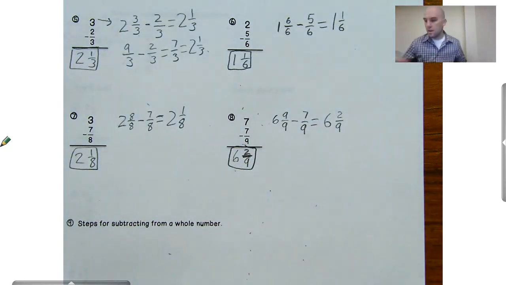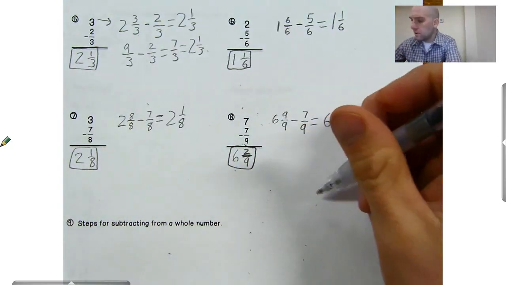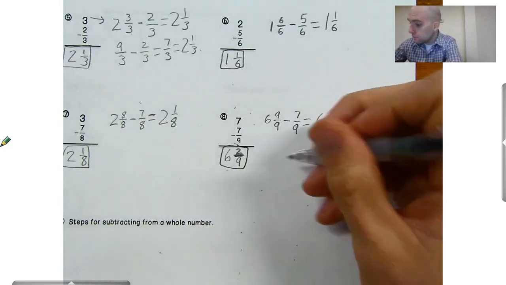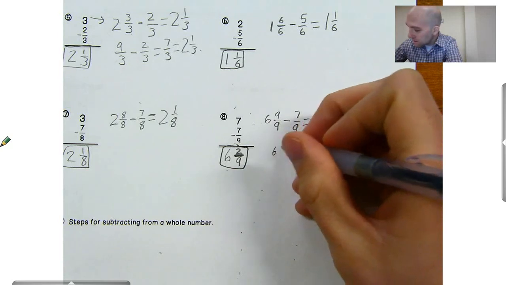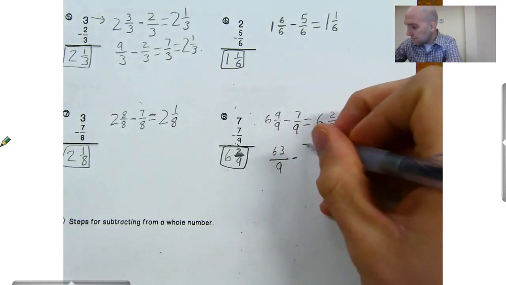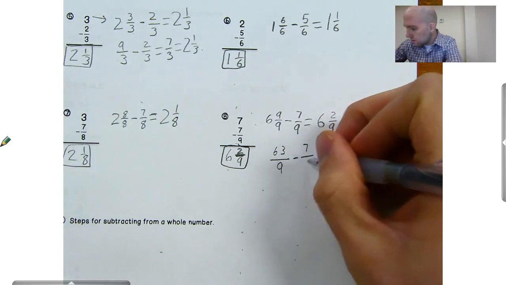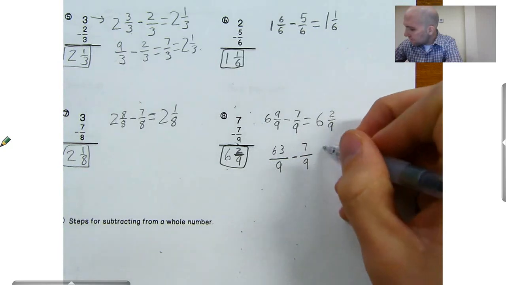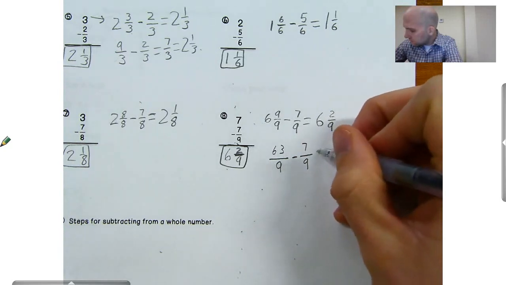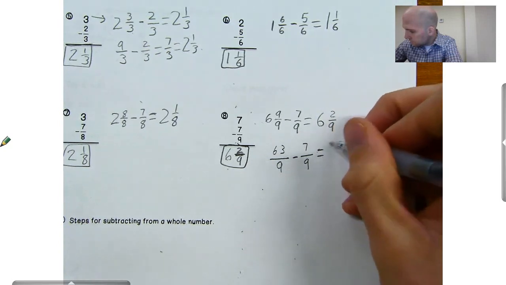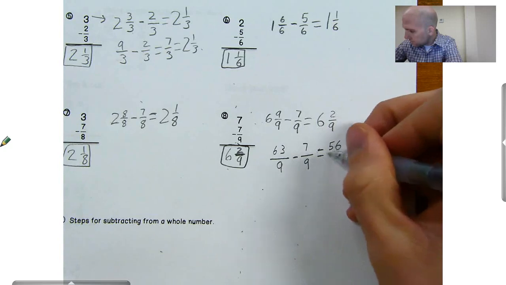All right. And that's just a lot faster than doing it the other way. I mean, we can also do 7 times 9 is 63, and we can make 7 into 63 ninths. And then we subtract 7 from 63, and we would get 56 ninths.